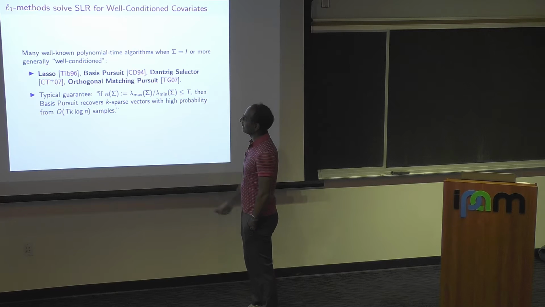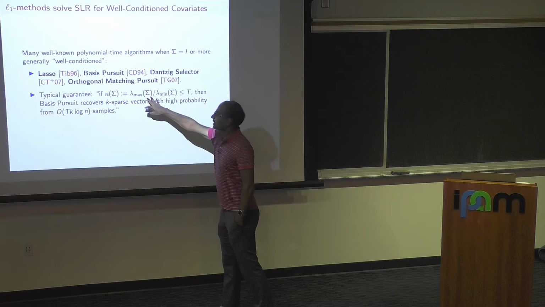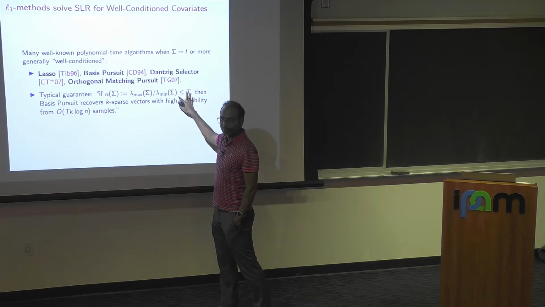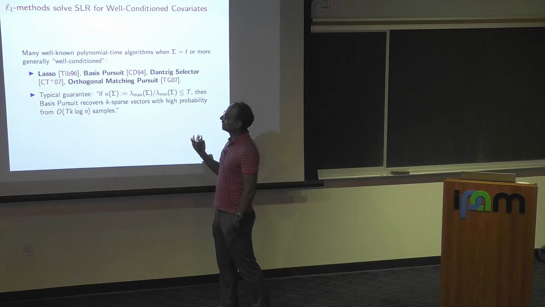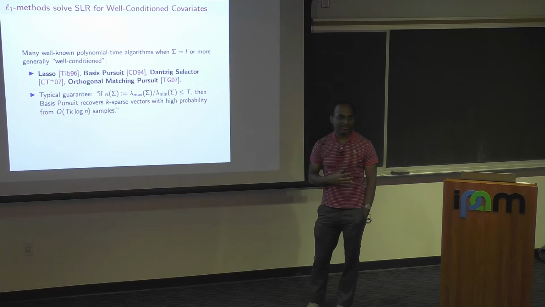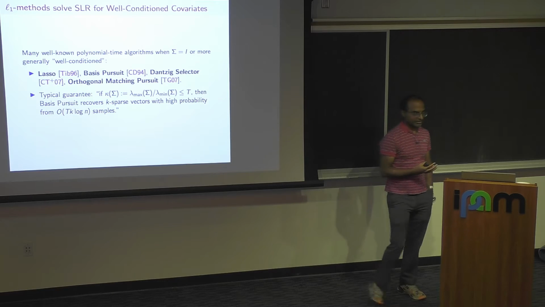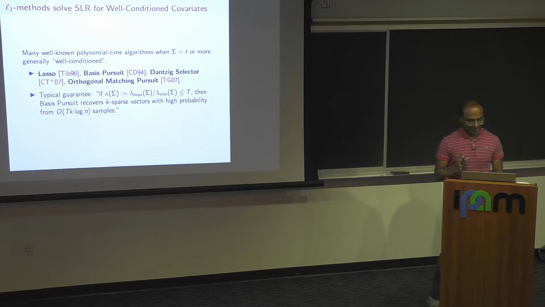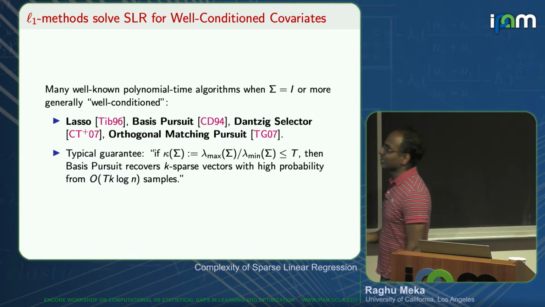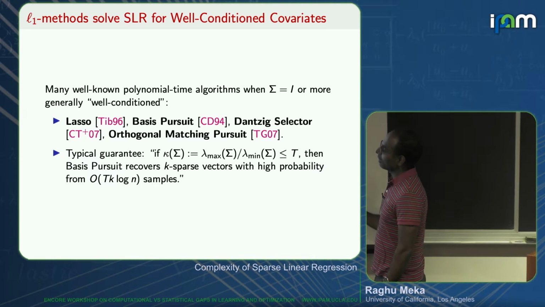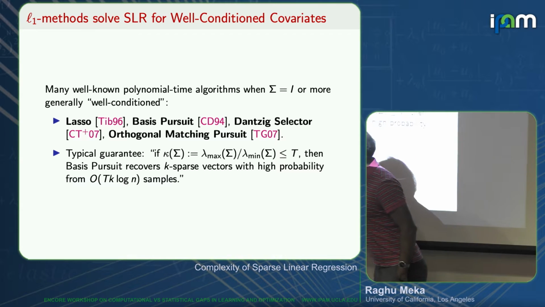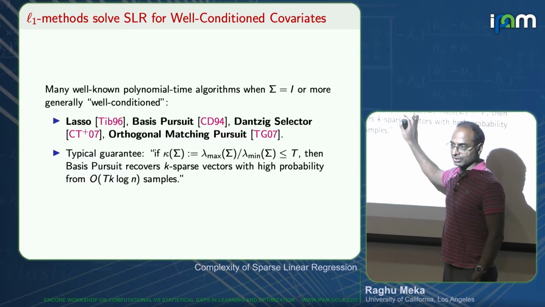For example, one way is to say the largest eigenvalue to the smallest eigenvalue of sigma is bounded by at most t. Okay? Then there are the standard, very widely used algorithms with their own R packages, deployed in many places in applied sciences, like Lasso, basis pursuit, Dantzig selector, orthogonal matching pursuit, and so on, which solve this problem pretty well. In particular, they get something like t times k log n samples, where t is the condition number.